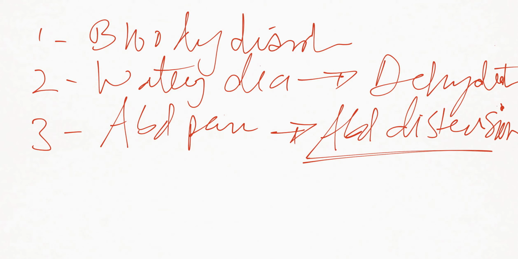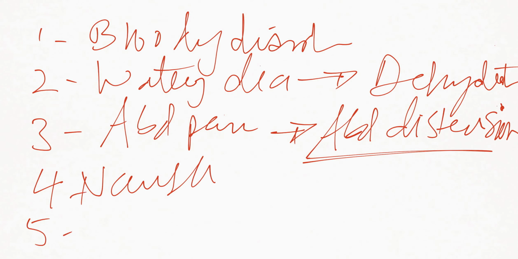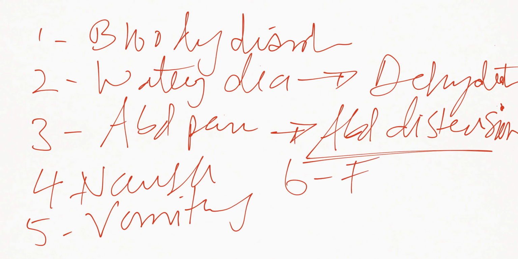You can mention all the symptoms of the GI tract when it gets sick. You can mention nausea. You can mention vomiting. Fever is already mentioned there. Fine. So that's it.